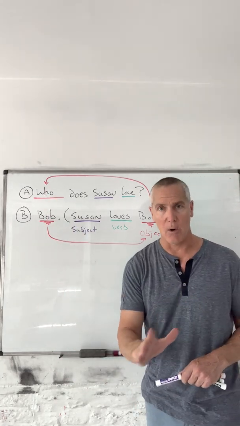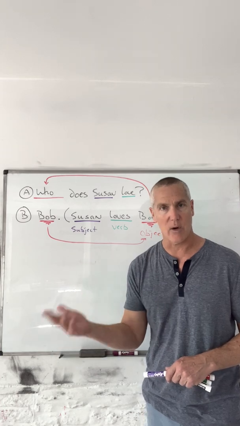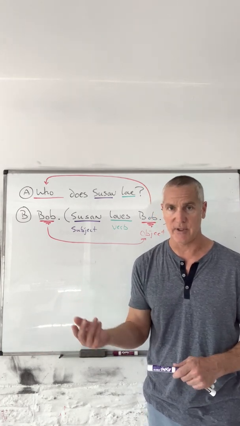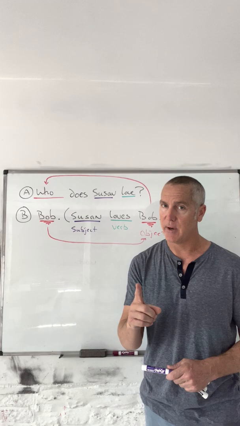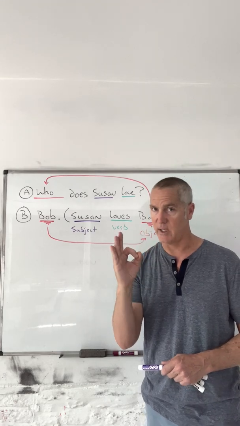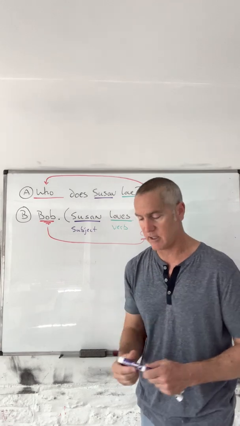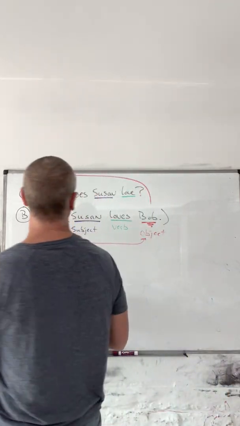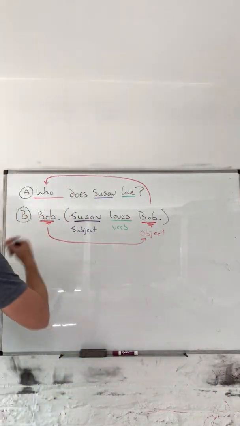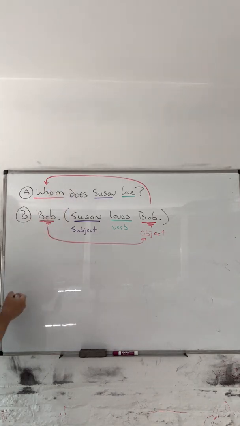Who is always correct when you're asking a question for the subject or the object. But remember, if you use whom correctly, it sounds really nice, a little bit more, it's considered more formal, okay? And there it is right there. Whom does Susan love?